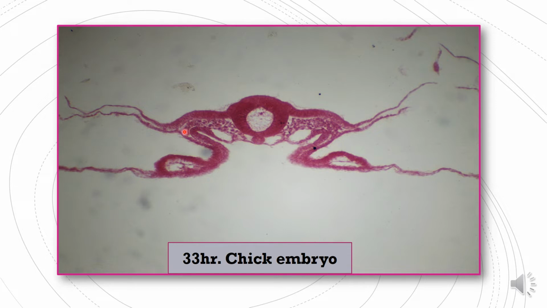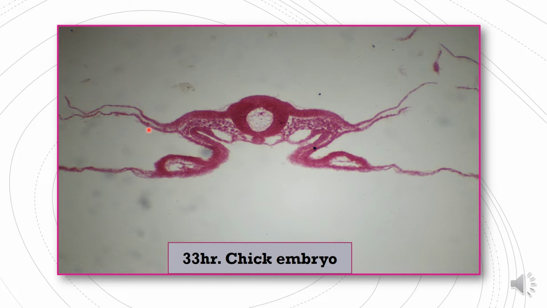Lateral to the paraxial mesoderm is the intermediate mesoderm, and lateral to the intermediate mesoderm is the lateral plate of the mesoderm, divided by the intraembryonic cavity into two layers.